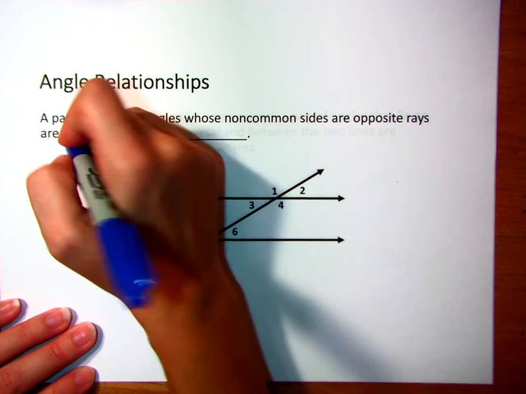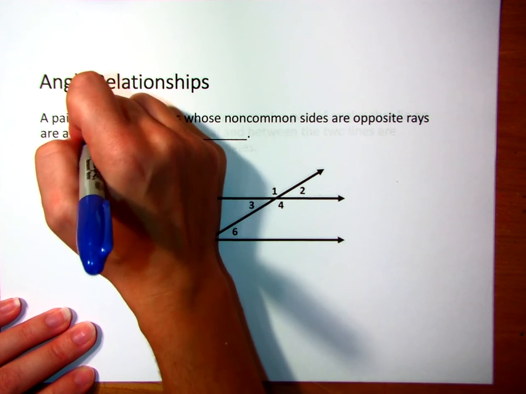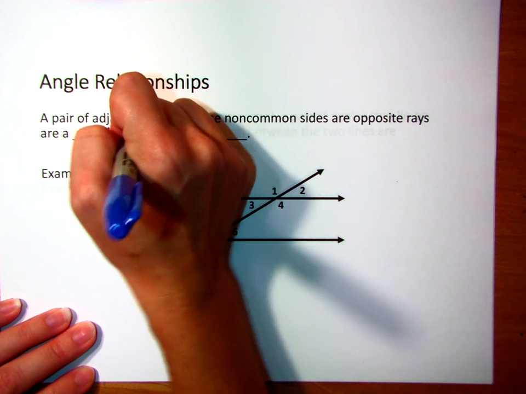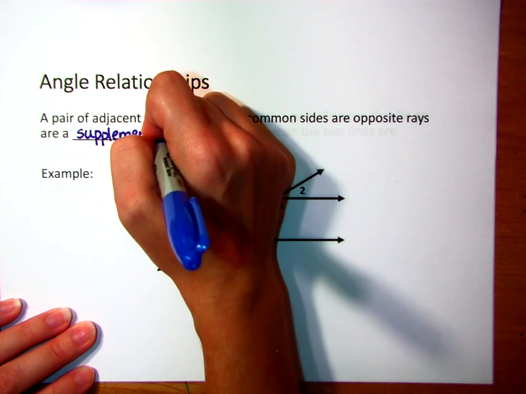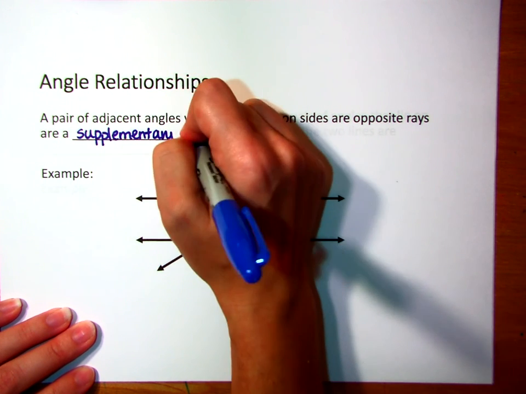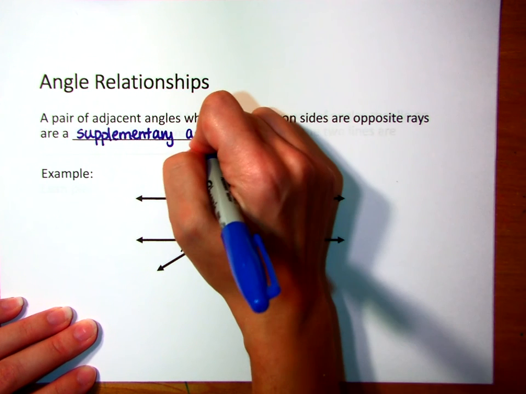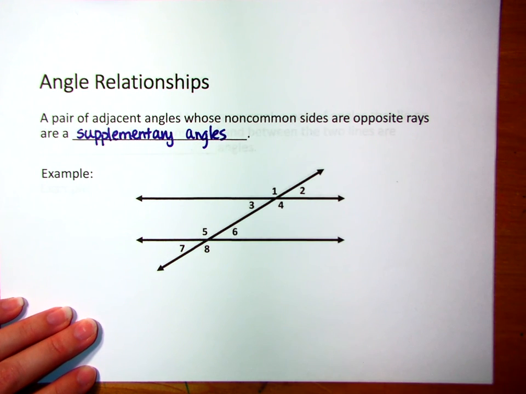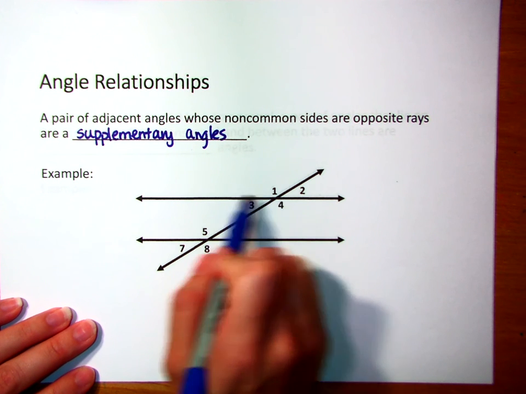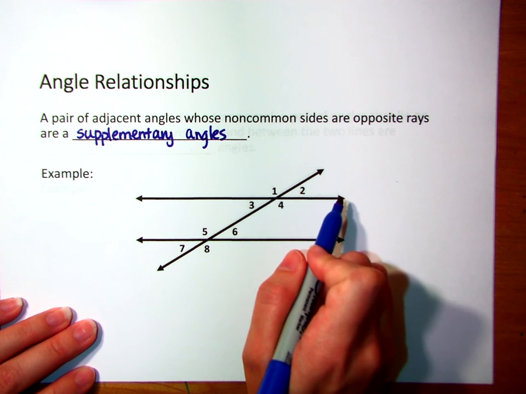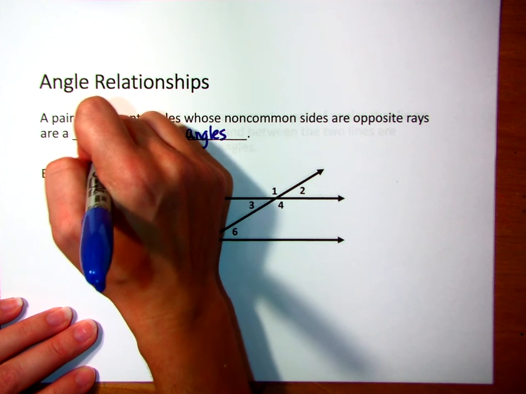What that makes is a pair of supplementary angles. Or, what we can say is that if we've got them having non-common sides with opposite rays, we have a linear pair.